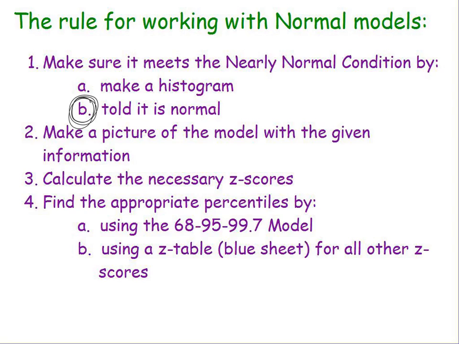However, there's a lot of other z-scores out there. So you should have picked up with your notes packet a blue sheet that helps us find all other z-scores. Anything other than 1, 2, and 3 is on your blue sheet. We're going to use the blue sheet in just a moment, just to get you practicing with it and understanding how to use it.